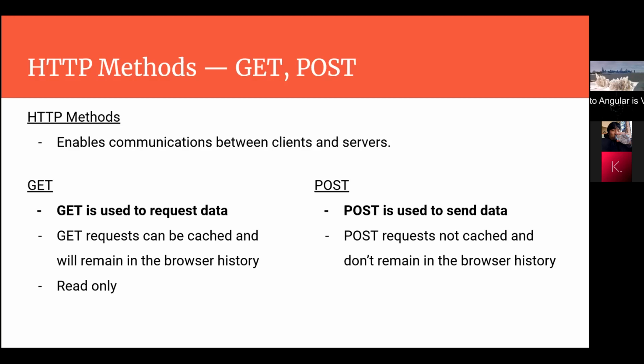Because of that, you do want to be cautious with GET requests. You want to make sure not to use them for any sensitive data because it's stored in history and all. That can cause a lot of problems, like security problems. Additionally, this is read-only, so this is only used to request data. You cannot modify or update data with a GET request.